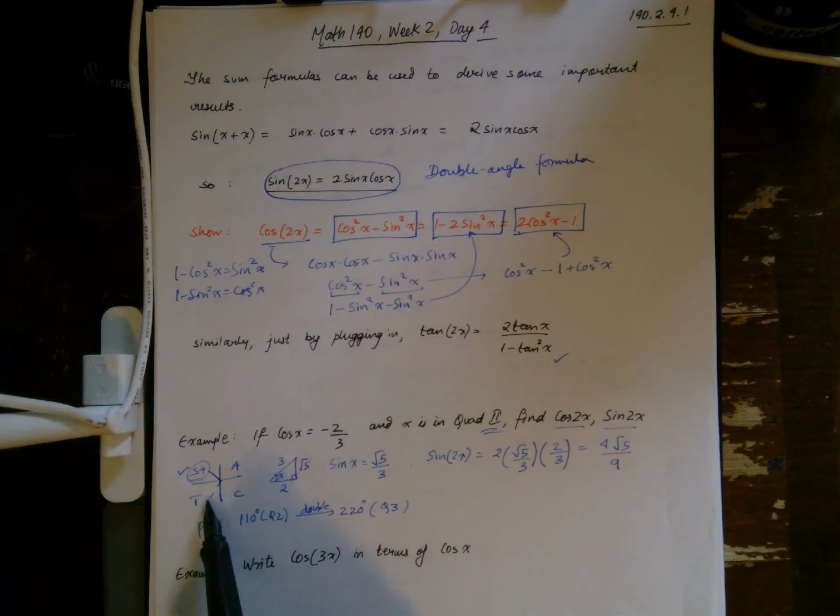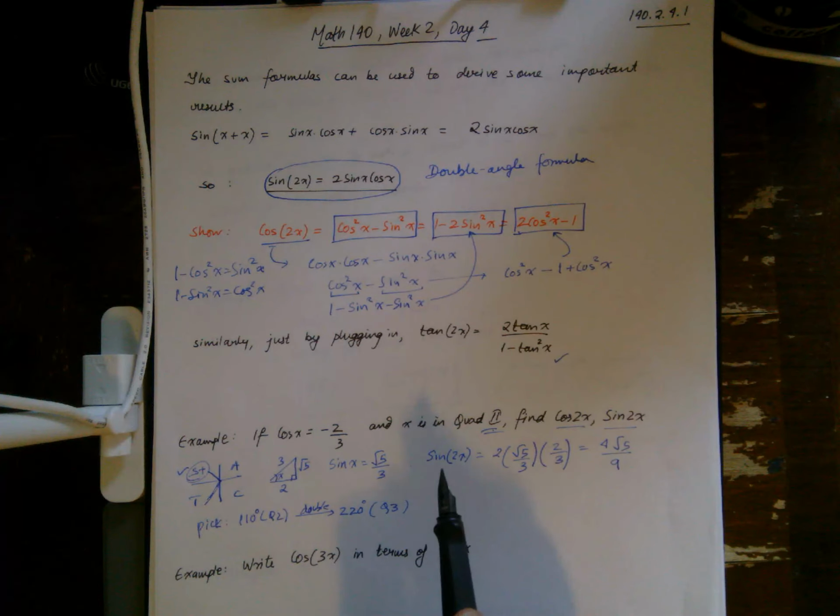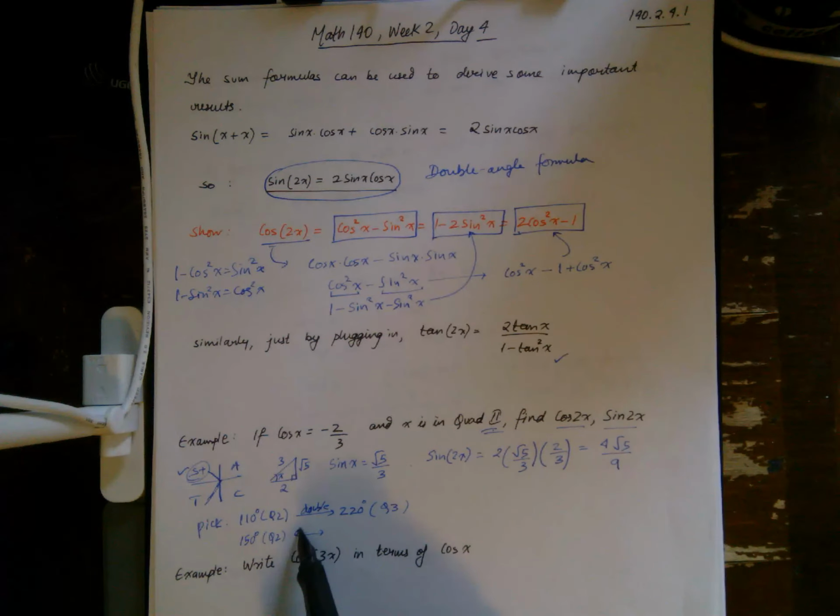So you end up here. But what about 150 degrees? 150 degrees is in quadrant 2. You double it, 300 degrees, which is in quadrant 4.